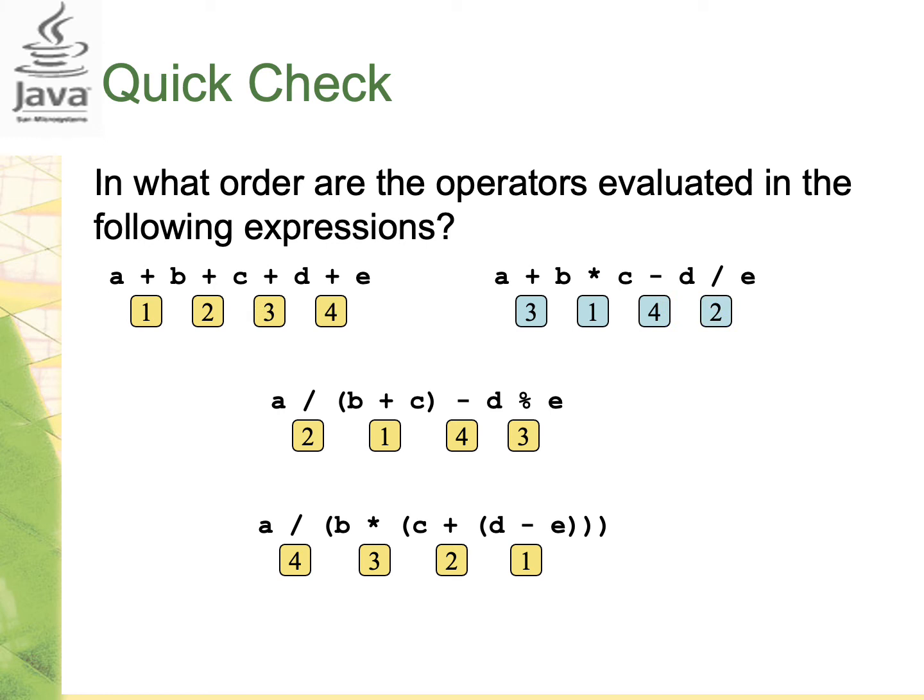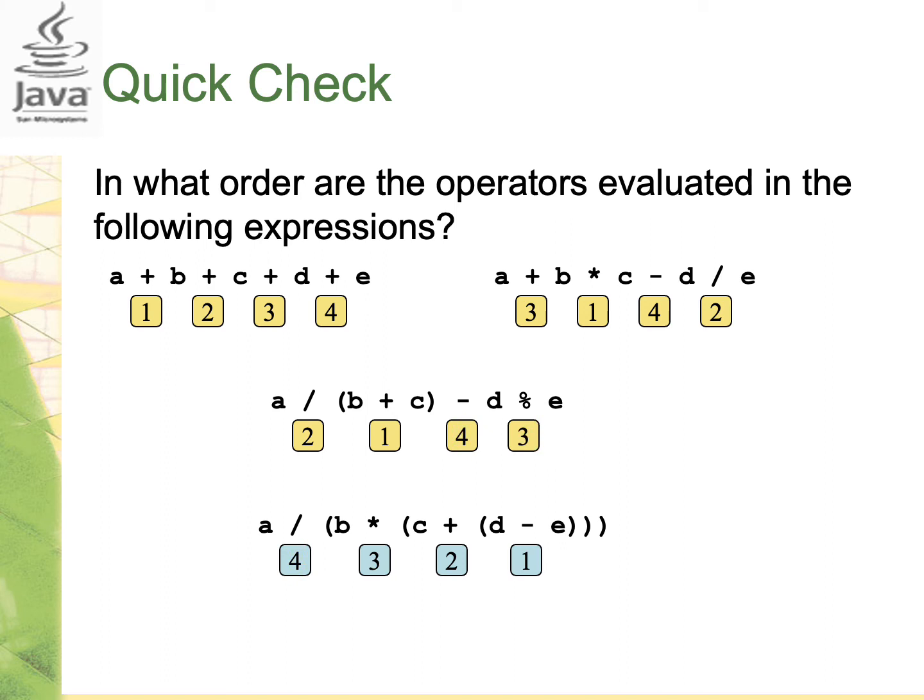In the next one, a plus b times c minus d divided by e, as multiplication is at the left side, it will be done first, followed by division, then addition and subtraction. When we have A divided by, in parentheses, B plus C minus D modulus E, parenthesis is evaluated first, then followed by division as it is at the very left, then modulus, and finally subtraction.